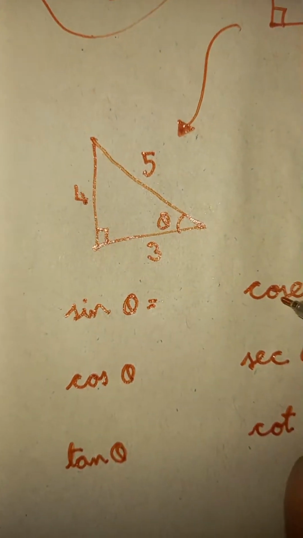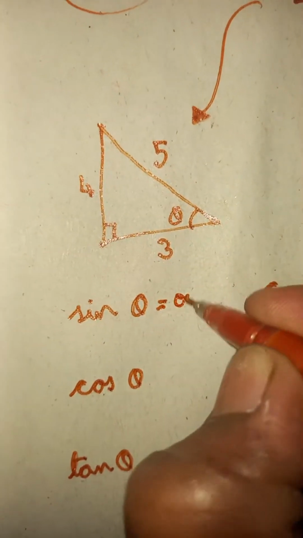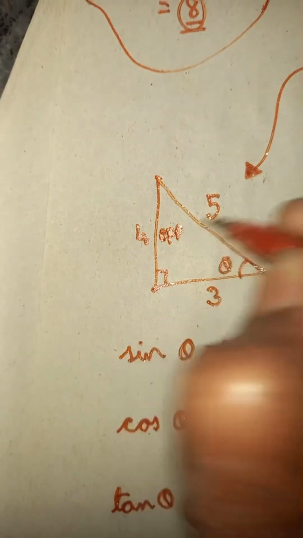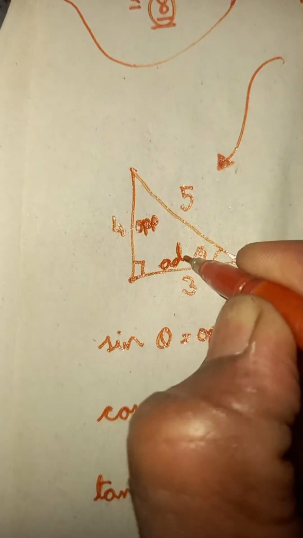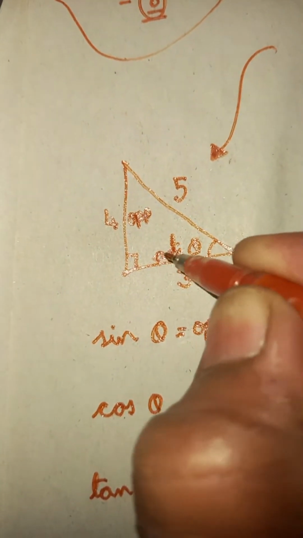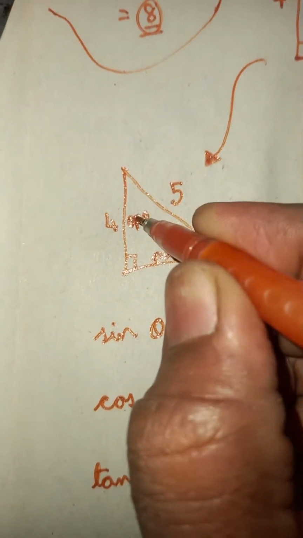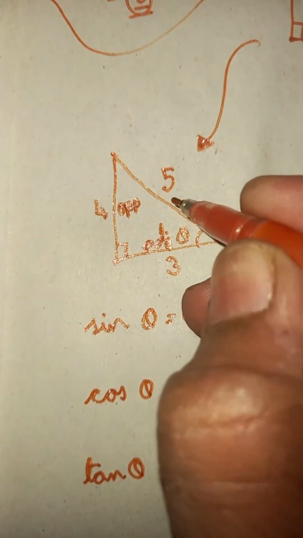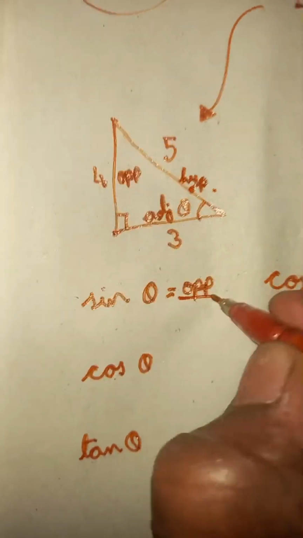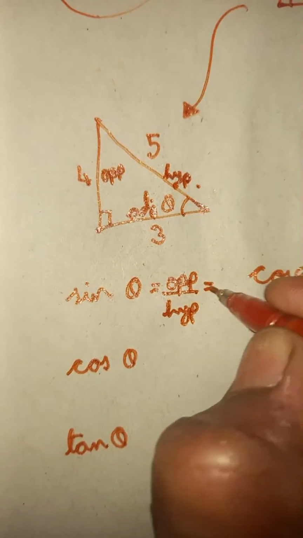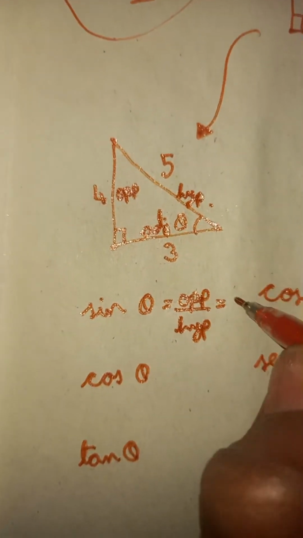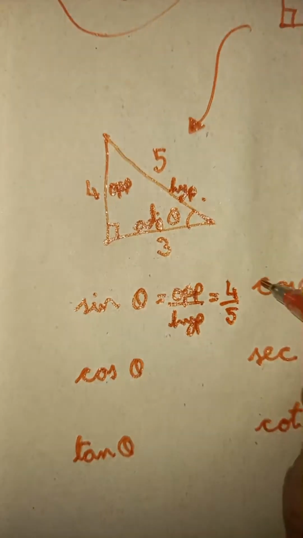Here you can start to find it out. Sin theta means opposite by hypotenuse. If this angle is theta, this side is known as opposite and this side is adjacent. The side which is joined to the angle theta is known as adjacent, and the side opposite to it is known as the opposite side. This is the hypotenuse. Sin theta is opposite by hypotenuse, so it is 4 by 5.